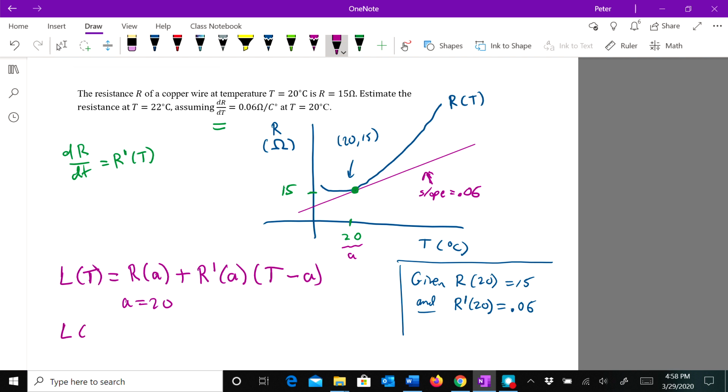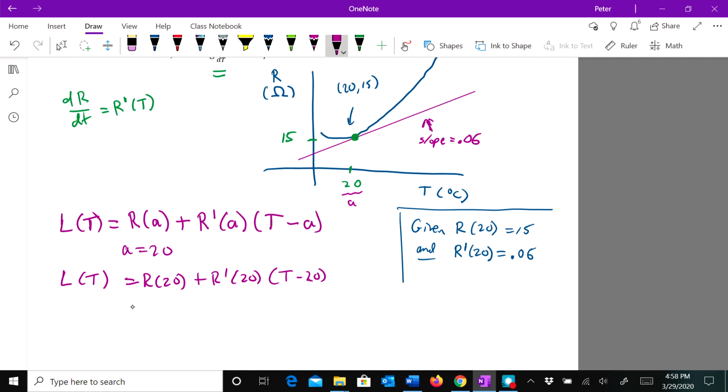So that means that L of t equals R of 20 plus R prime of 20 times t minus 20. So that equals 15 plus 0.06 times t minus 20.